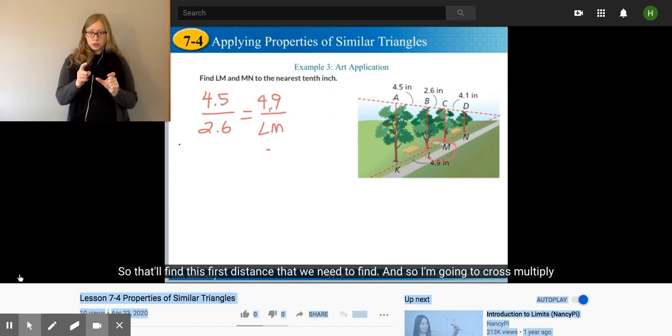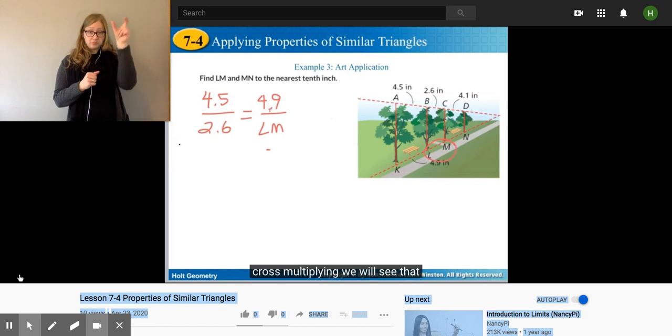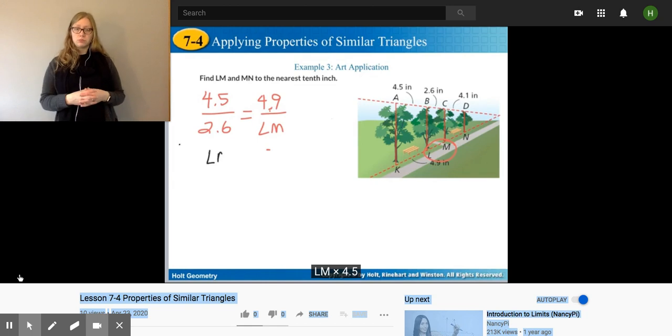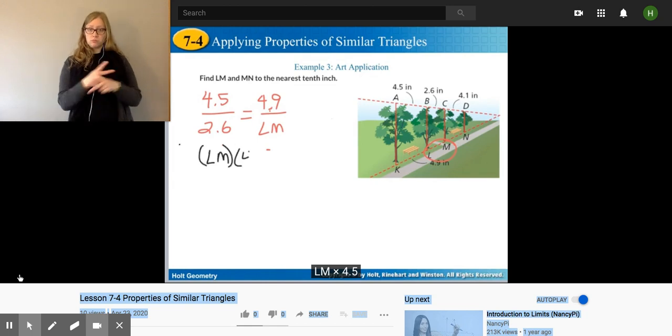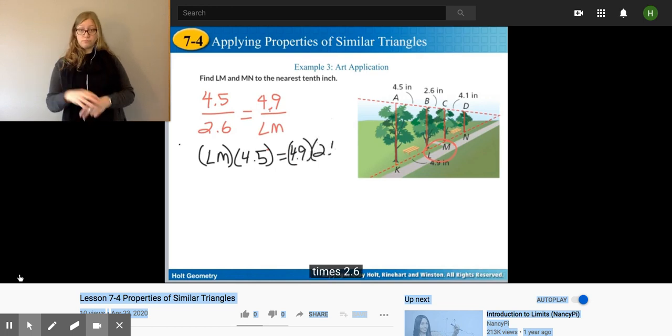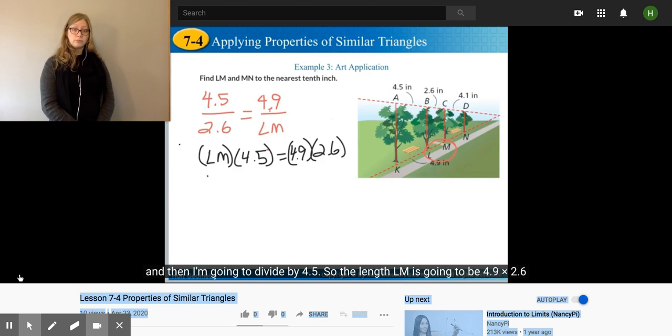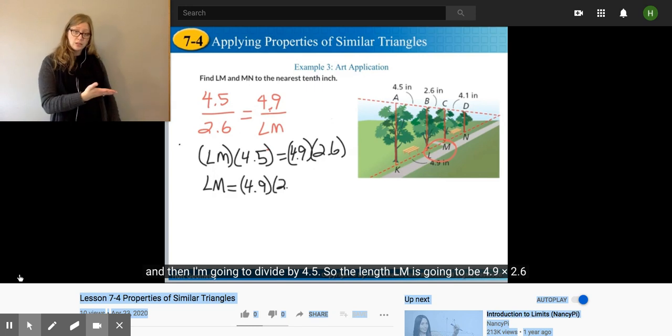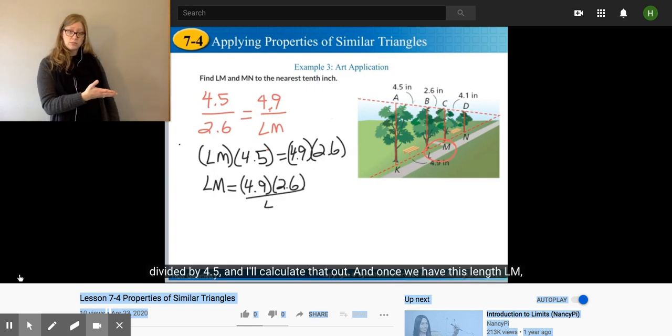And so I'm going to cross multiply, and cross multiplying, we will see that we get LM times 4.5 equals 4.9 times 2.6. And then I'm going to divide by 4.5. So the length LM is going to be 4.9 times 2.6 divided by 4.5. And I'll calculate that out.